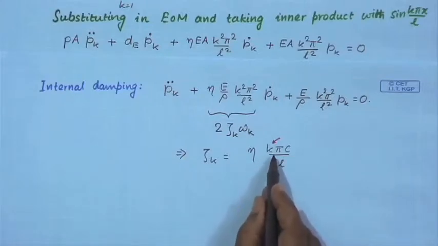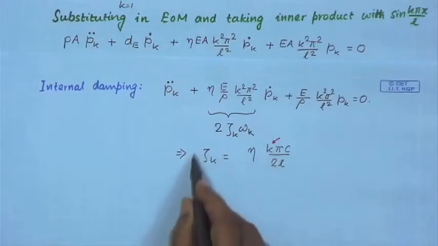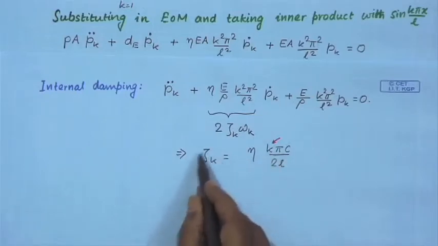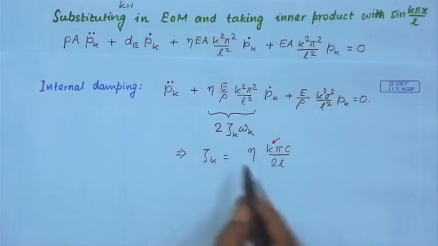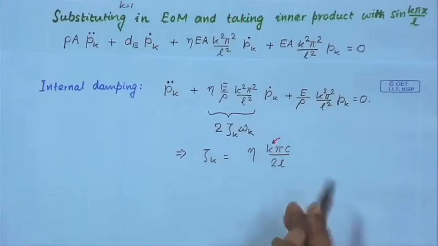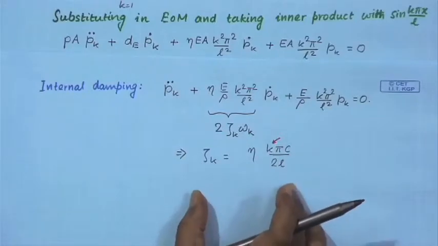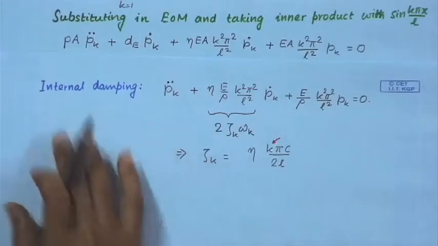Therefore, for higher modes, higher values of k, zeta k goes higher. So, which means higher modes have better damping because of internal dissipation.